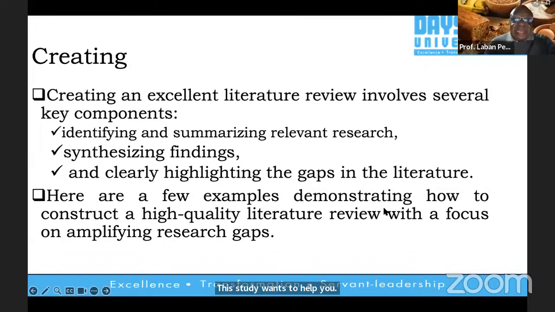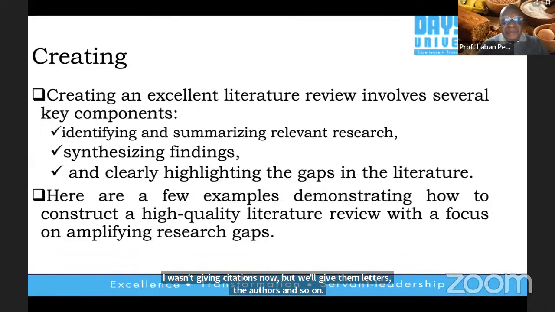So identifying and summarizing relevant research, and then synthesizing the findings. Like I've shown you, you synthesize, you do a summary, you show the gaps. And of course, there are citations. I wasn't giving citations now, but we'll give them later, the authors and so on. And then clearly highlighting the gaps in the literature.